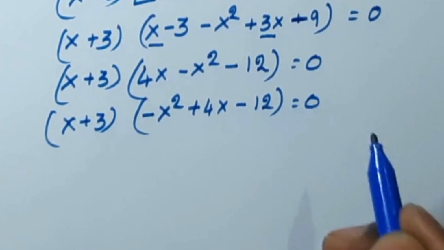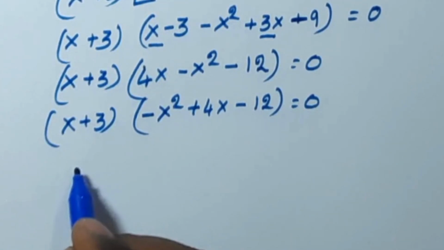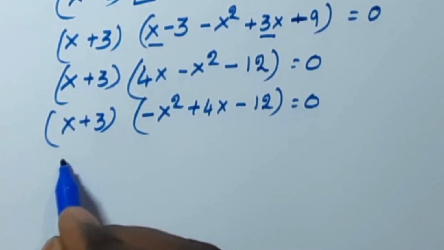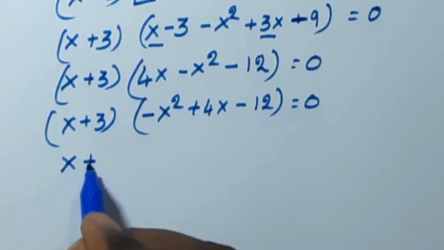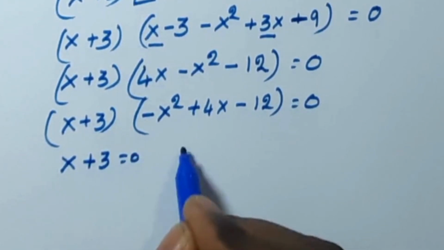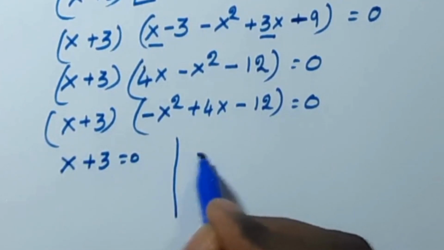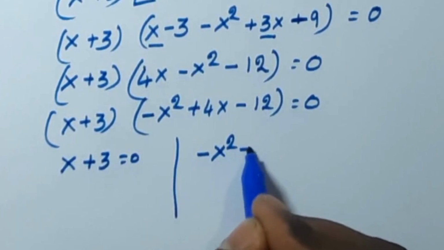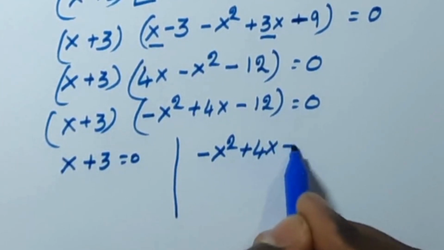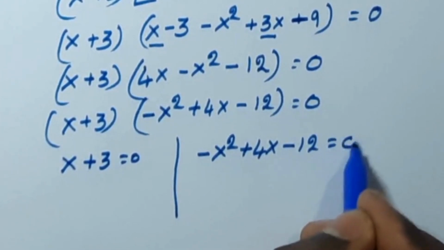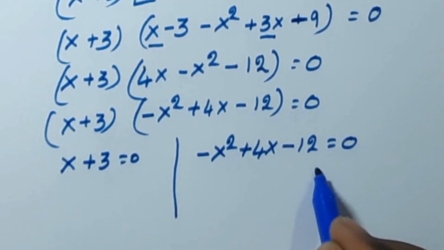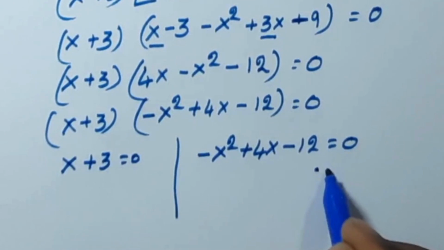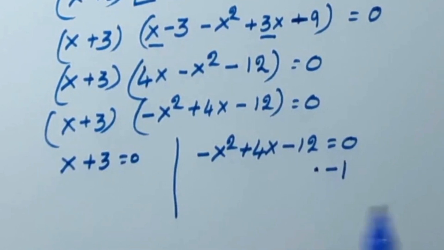Now we have two equations here. One is x plus 3 equal to 0. The other one is minus x square plus 4x minus 12 equal to 0. This equation can be multiplied by minus 1.